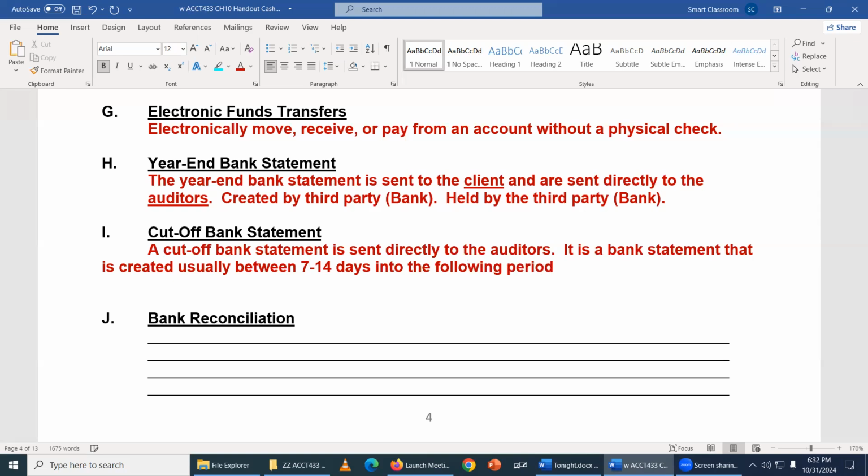So usually, if they have a year end of December 31st, then somewhere in January, the 10th, for example, you'll get a bank statement, and it's a regular bank statement, but it's only done 10 days into the next period, and we'll see why we do that in a minute here.